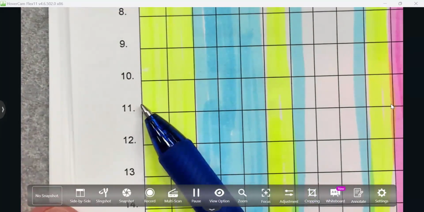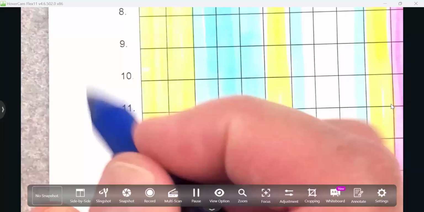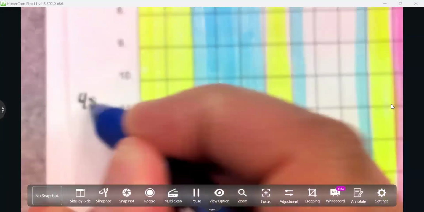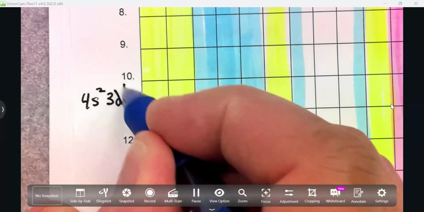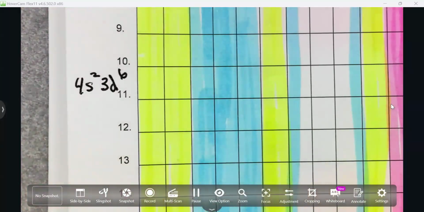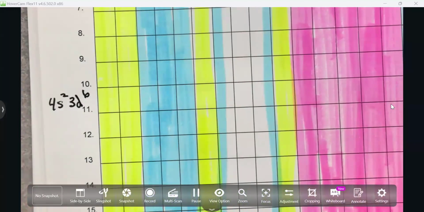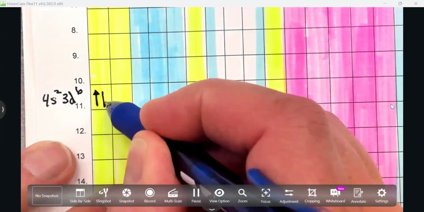And number 11 on the previous page, it ends in 4s2, 3d6 for iron. So I could rock and roll through this.